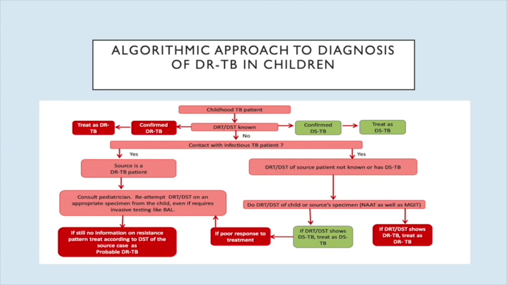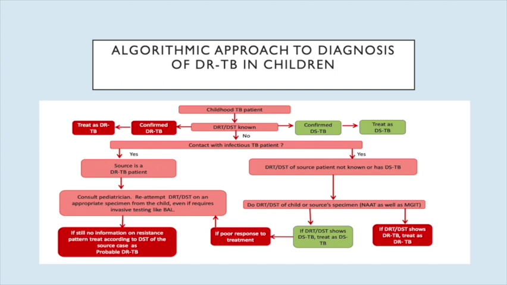If it's a childhood TB patient and we know that there is a drug resistance, we have available data, then it's a confirmed case and we start treatment. But if we do not have the report of resistance, then we find out if this patient had contact with an infectious patient.